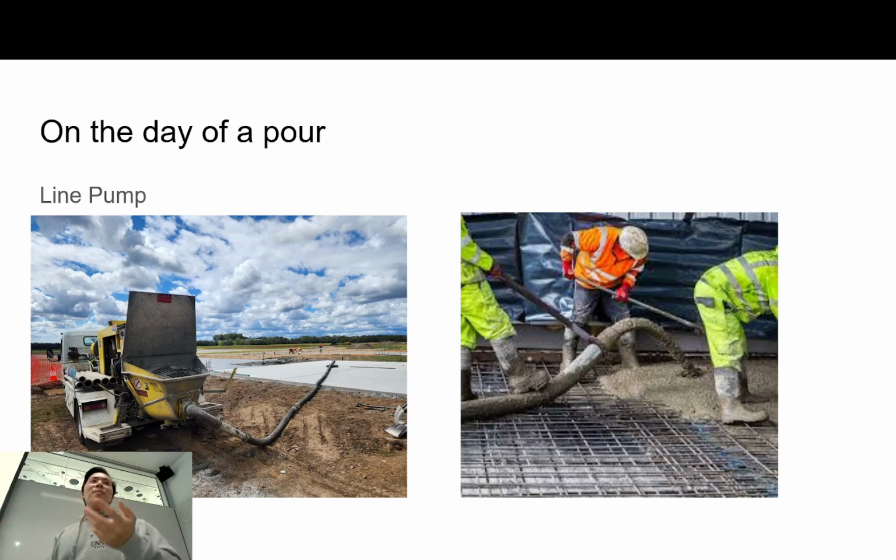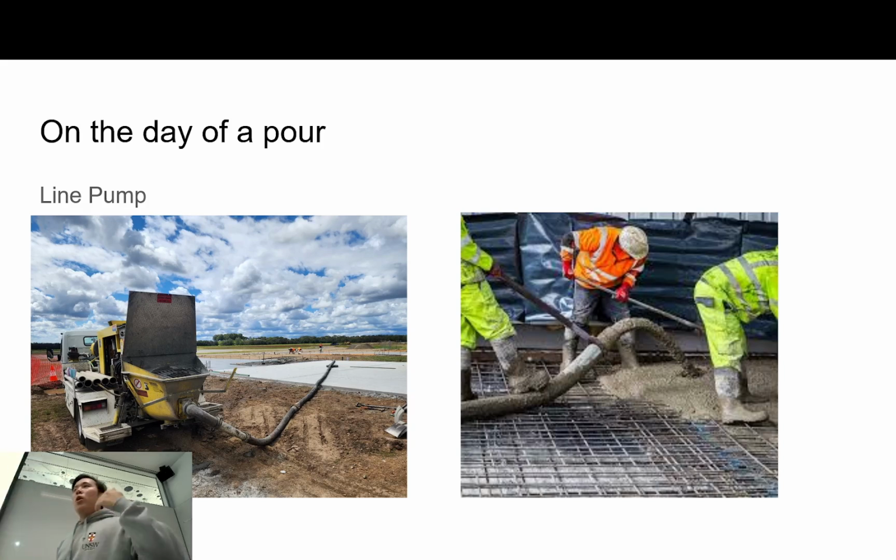Essentially that allows you to pump the concrete from one place to another. Your agitator truck will pour the concrete into this hopper here, and that concrete will be pumped all the way to wherever you need it. Then we have a concreter or pumpy, and they'll pour it on site over this part here. So that's a line pump.